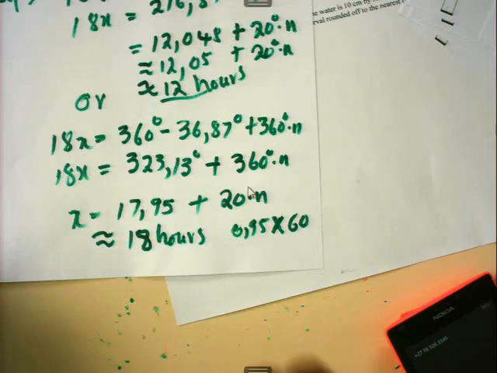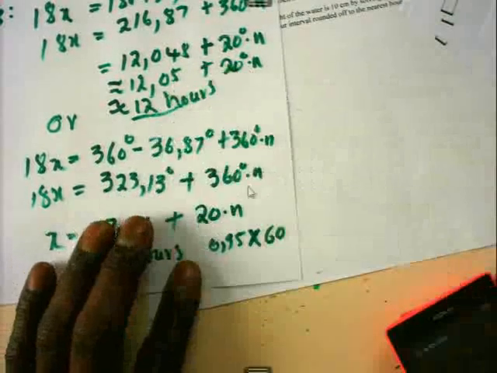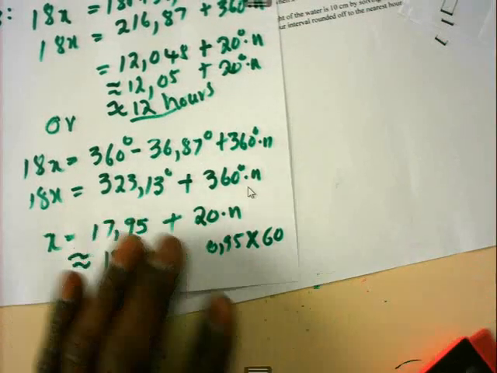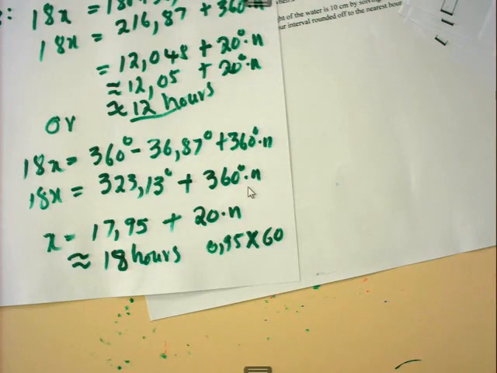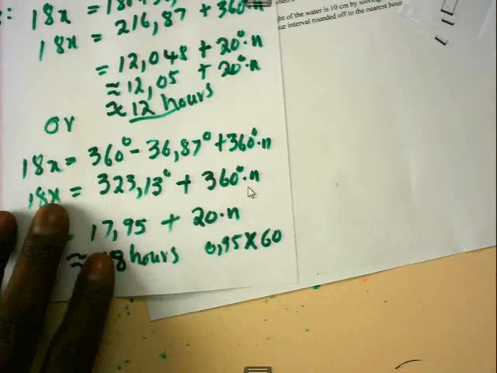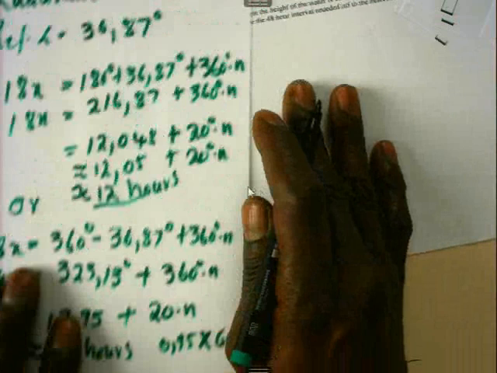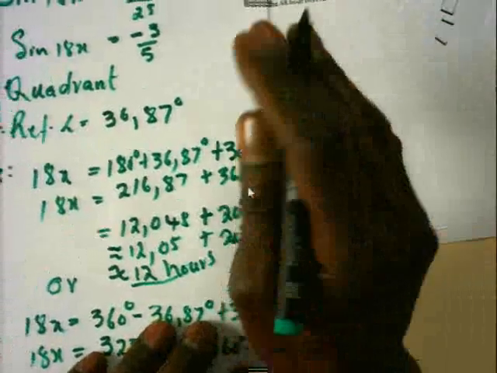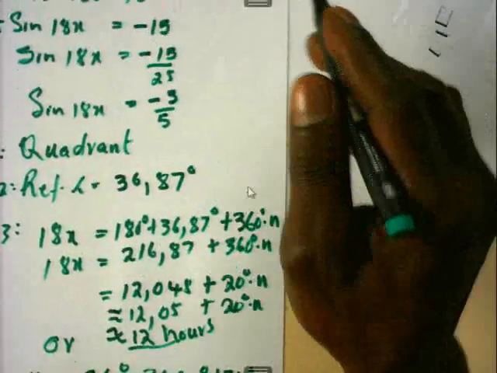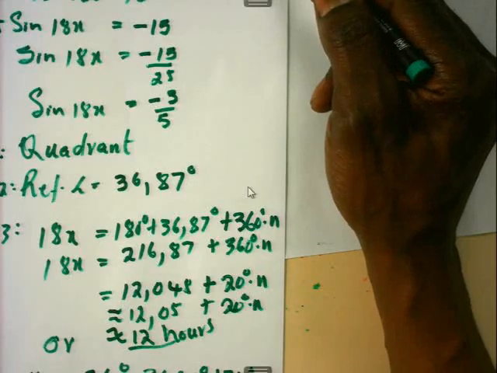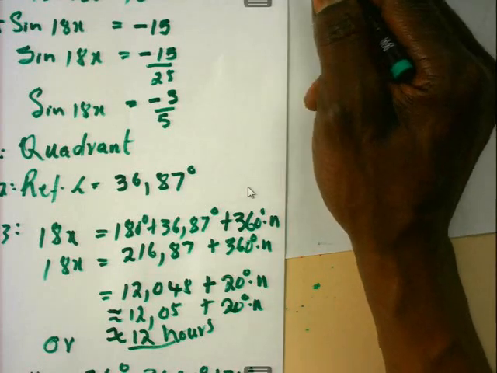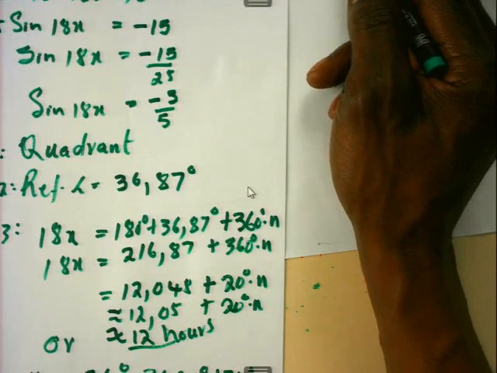Right. Now, I've just received a question that I'll respond to. You see, when I was doing this problem, I did not use the general solution. So I fell into the trap because I don't have only two solutions. I've got 1, 2, 3, 4 solutions.